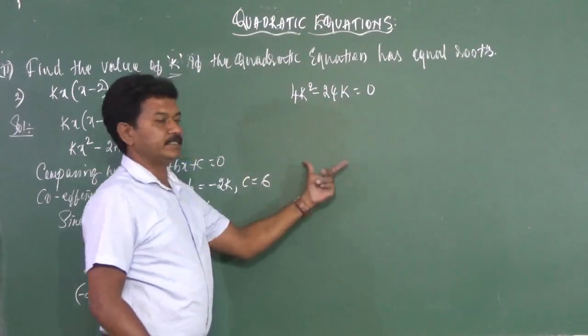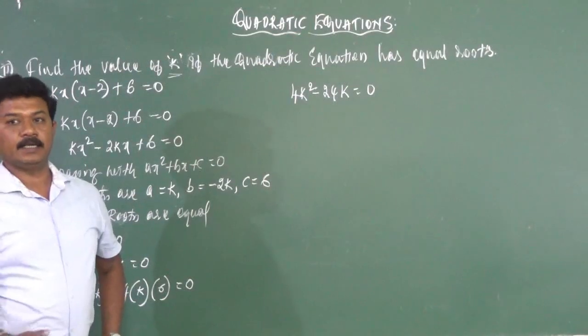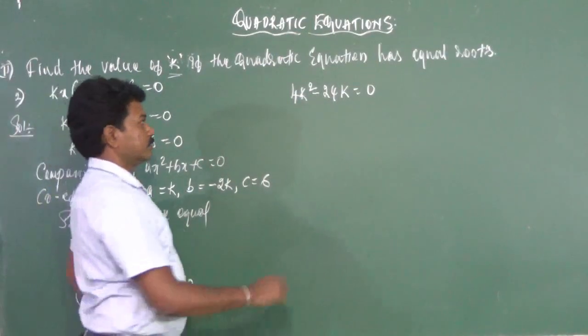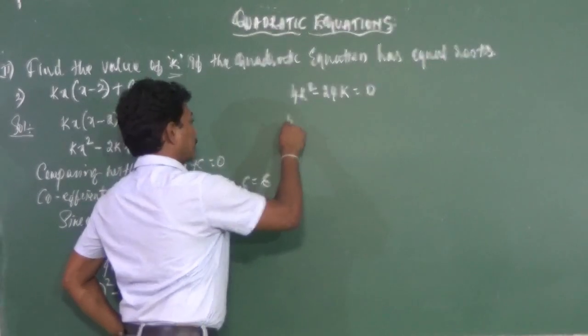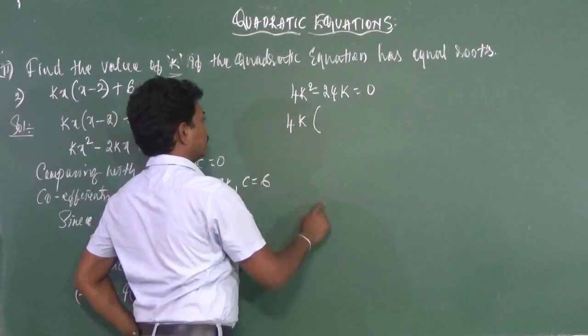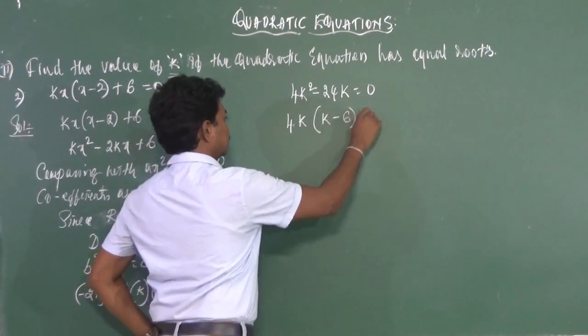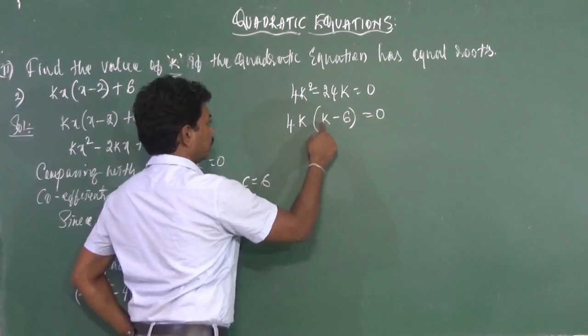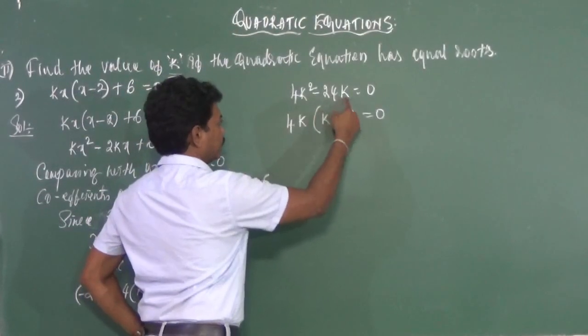So how to factorize this type of quadratic equation? By taking common. What is common here? 4 and k. So 4k into k minus 6 is equal to 0. 4k into k is 4k square, and 4k into minus 6 is minus 24k.